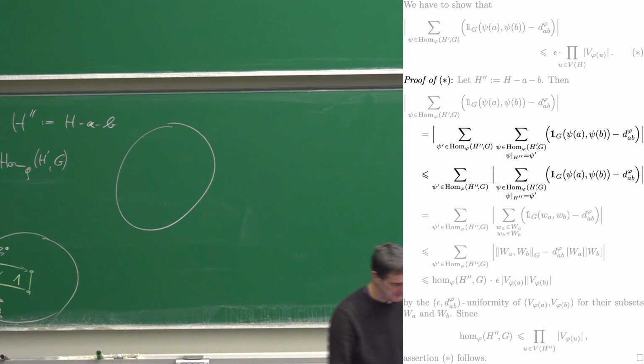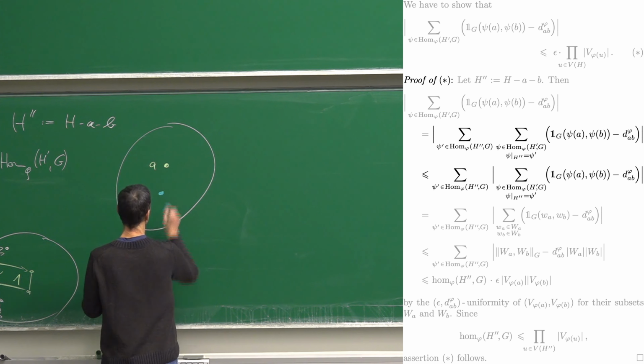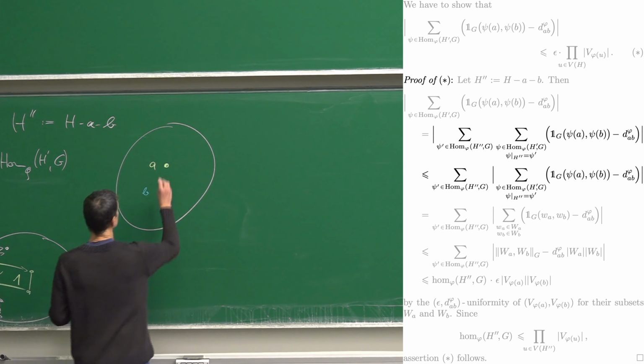Suppose we have A and B, and we have embedded all the other vertices already.